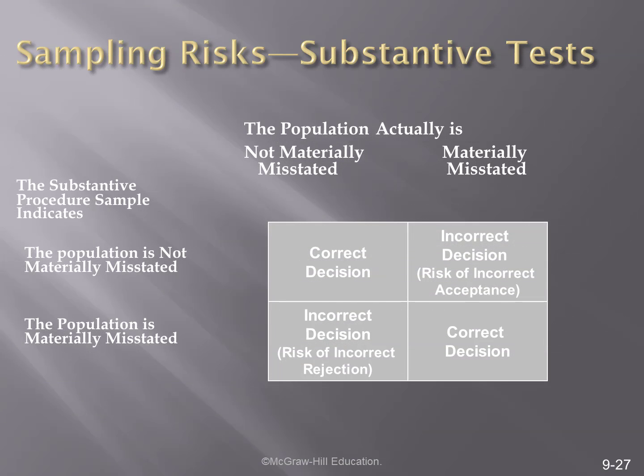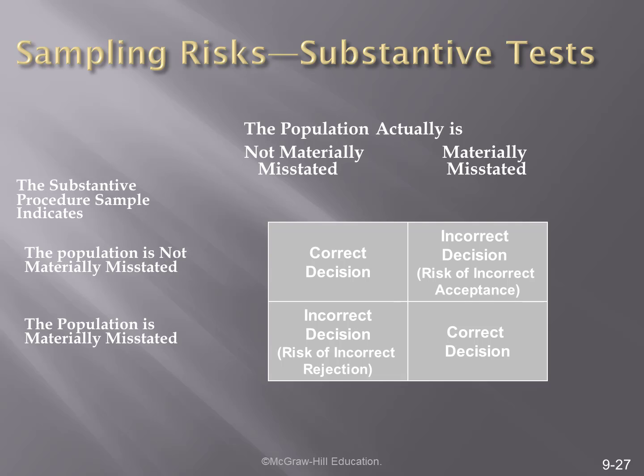Throughout this course, we talk about risk from a number of perspectives. Let's now talk about sampling risk. You notice that we have the potential for the risk of incorrect acceptance and the risk of incorrect rejection. Basically, if we take a sample and we see within the sample a material misstatement, but in fact there is no material misstatement, this is the risk of incorrect rejection.